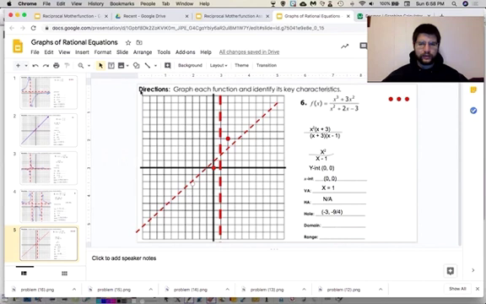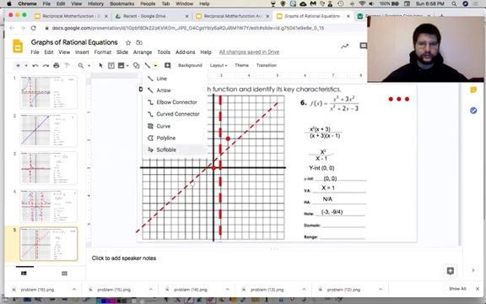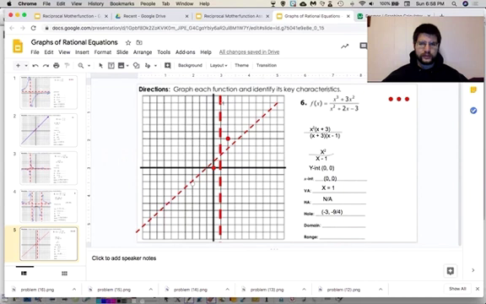And then I'm just going to go through and scribble that. So it's going to follow that, and it's going to follow that. And again, if you don't draw your slant asymptote, that's fine. Just kind of sketch it like it looks like on Desmos. And it's going to look something like that.